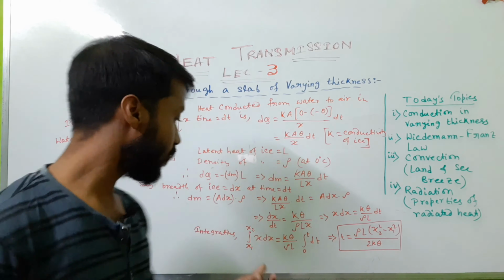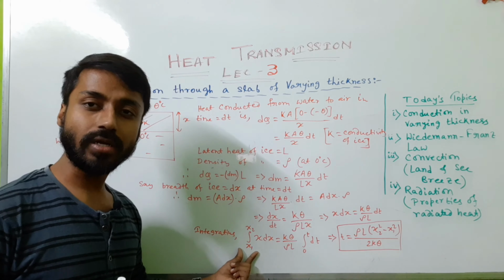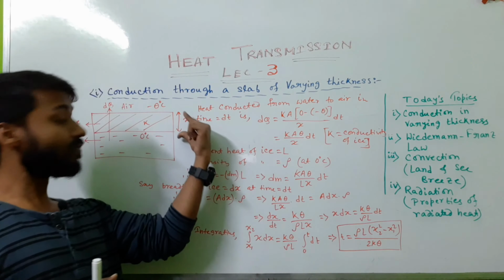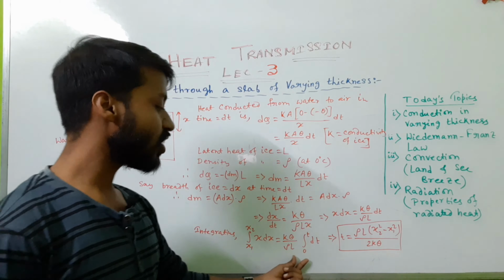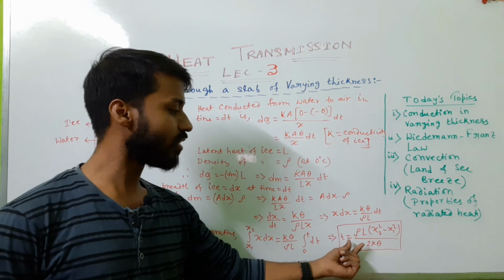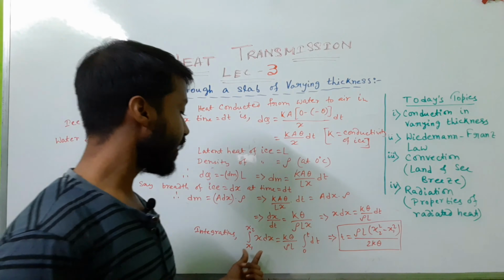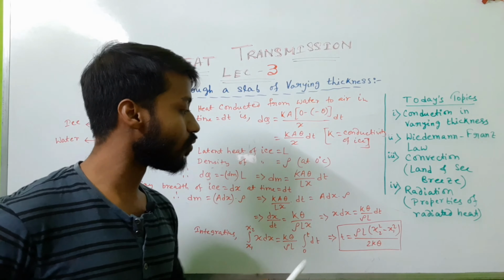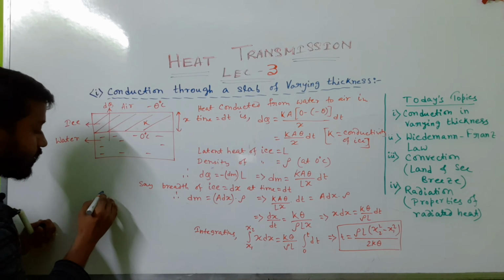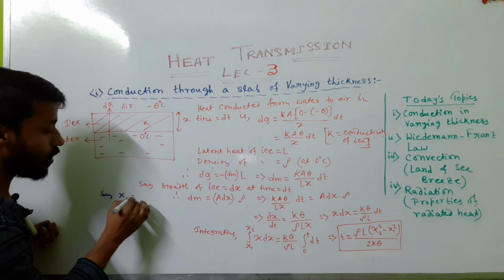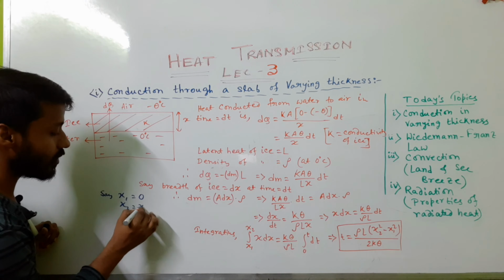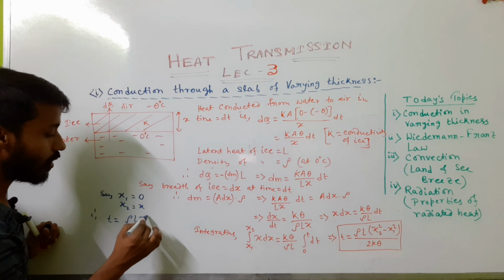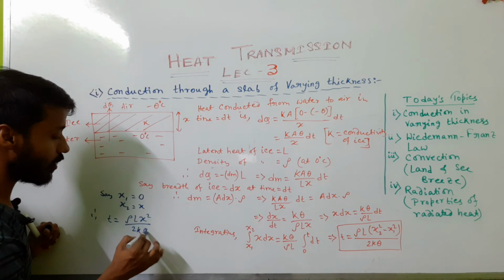Now we will integrate from initial slab width, say x1, to final slab width, say x2. So x1, x2, this is the slab width of this ice, right? So initial time is 0, final time is t, then we get this formula. If we consider the initial width of the ice as 0, that is x1 equals 0 and x2 as x, then we get the time in simplified form: t = rho L x squared by 2K theta.